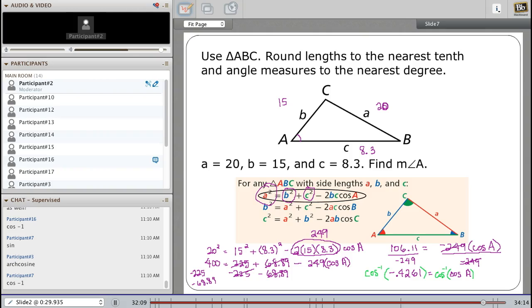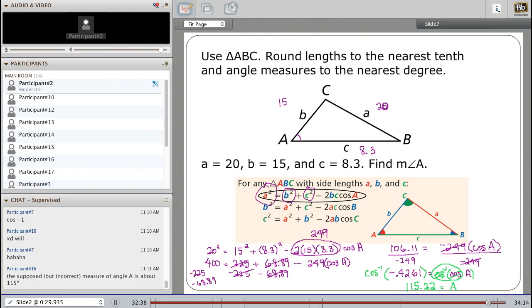In your calculator, most likely you're going to have to hit the second key, because cosine inverse is usually in a different color, and you're going to enter negative 0.4261, and you should end up with 115.22. Then over on the right, these have canceled, and we just have angle A, which is what we're going for, so we're done.